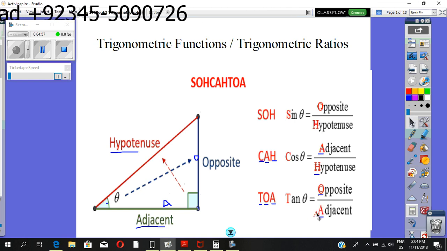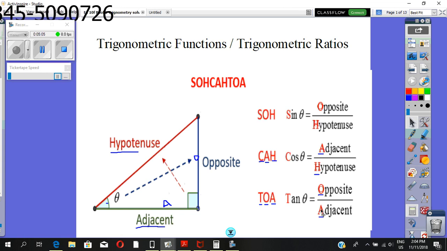These three basic ratios are very important. You are supposed to learn them, and you are supposed to apply them accurately. So these are the three basic ratios of the trigonometric functions.